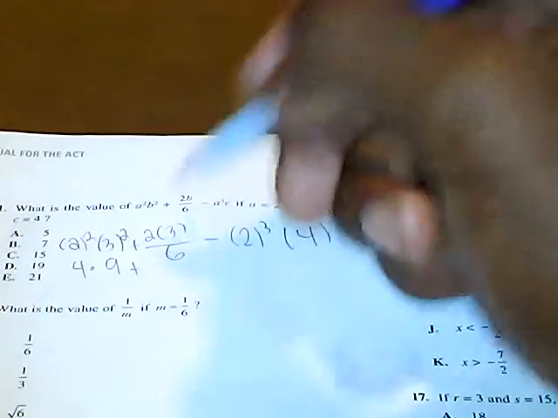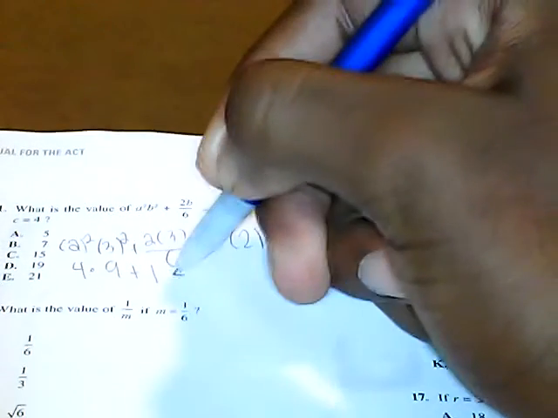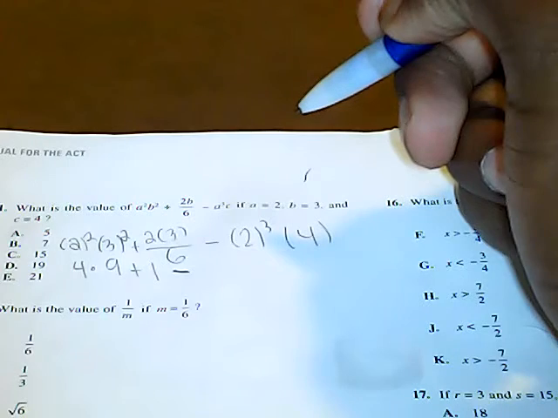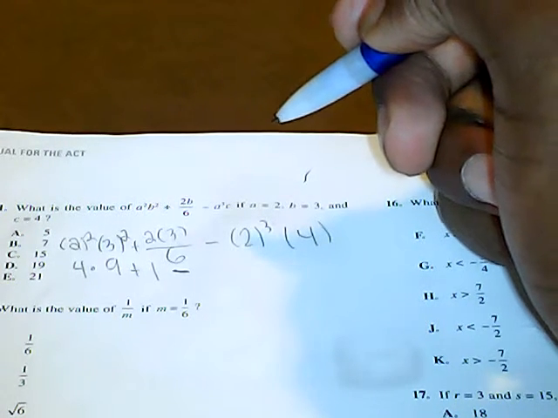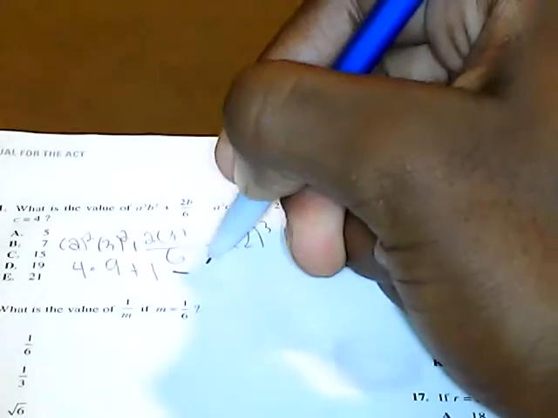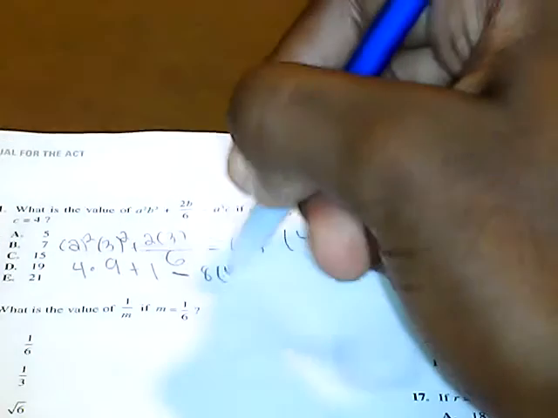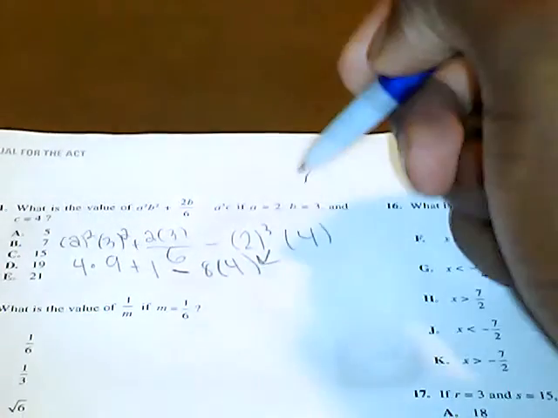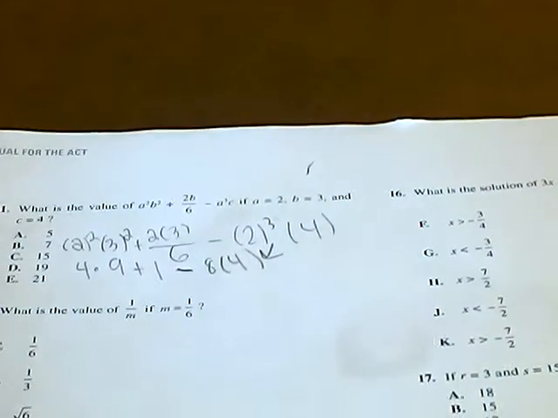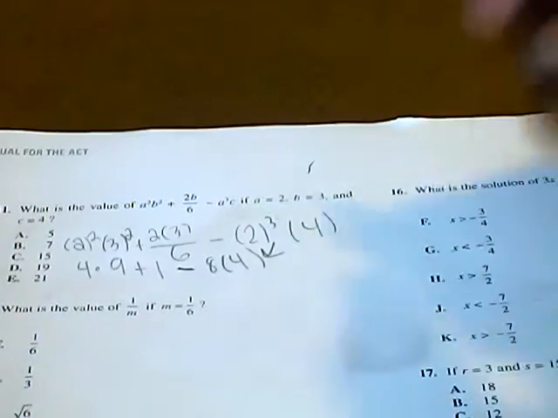So 6 over 6 is going to equal 1. This looks a bit messy, but we can work with it. Minus 2 cubed, 2 times 2 times 2, that equals 8, times 4 by itself without the exponent. And this is the part 2 of what we're left with. But of course, we still need to simplify this more because this is not the entire answer. So let's simplify this more.